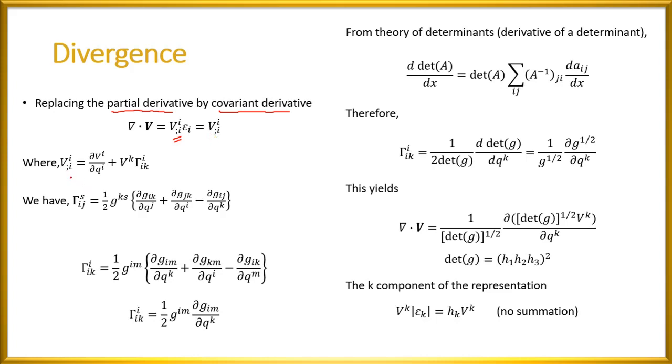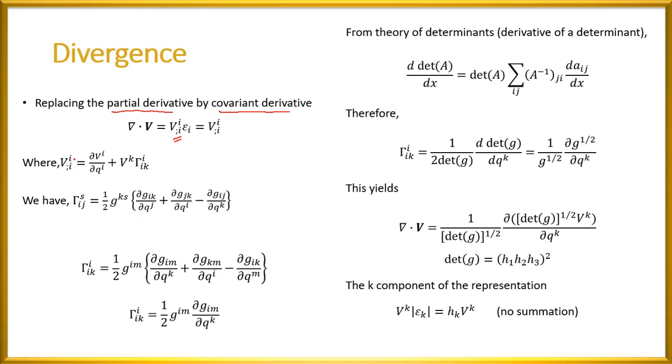We know the expression for covariant derivative. The covariant derivative of Vji, we can write it as dou by dou Qj of Vi plus Vk into Christoffel symbol gamma jki.